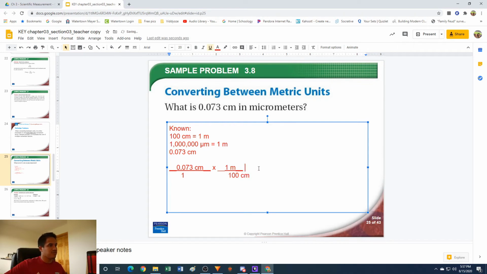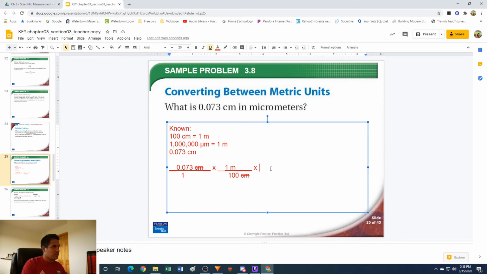That's our first conversion factor. So centimeters will cancel with centimeters here. And this conversion factor is what we have written right here, the 1 meter over 100 centimeters.